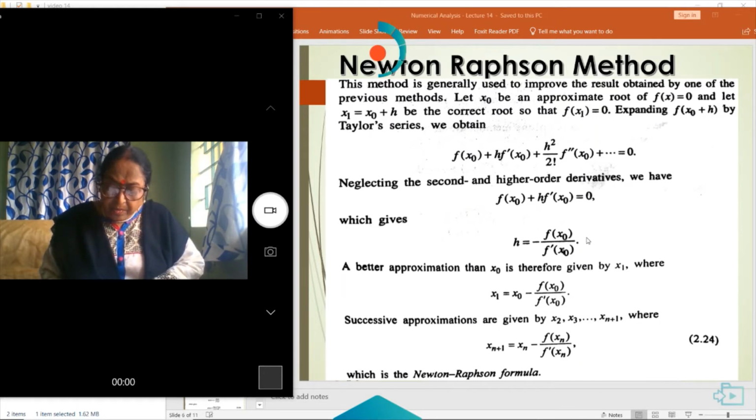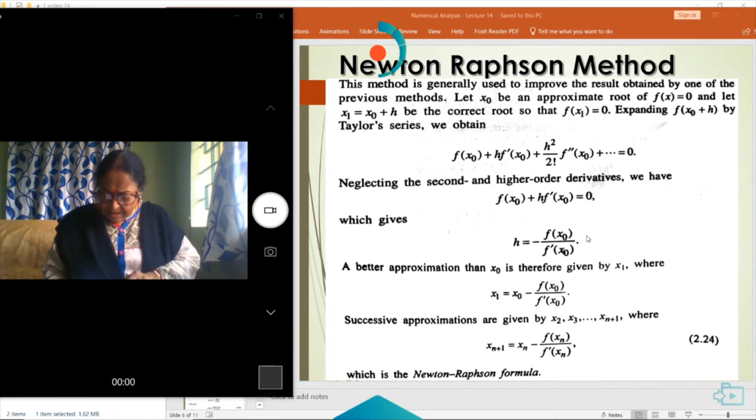Now take xn plus 1 as phi xn. So phi x can be written as x minus fx by f dash x. Differentiating with respect to x, we get phi dash x is equal to fx into f double dash x divided by f dash x the whole square.